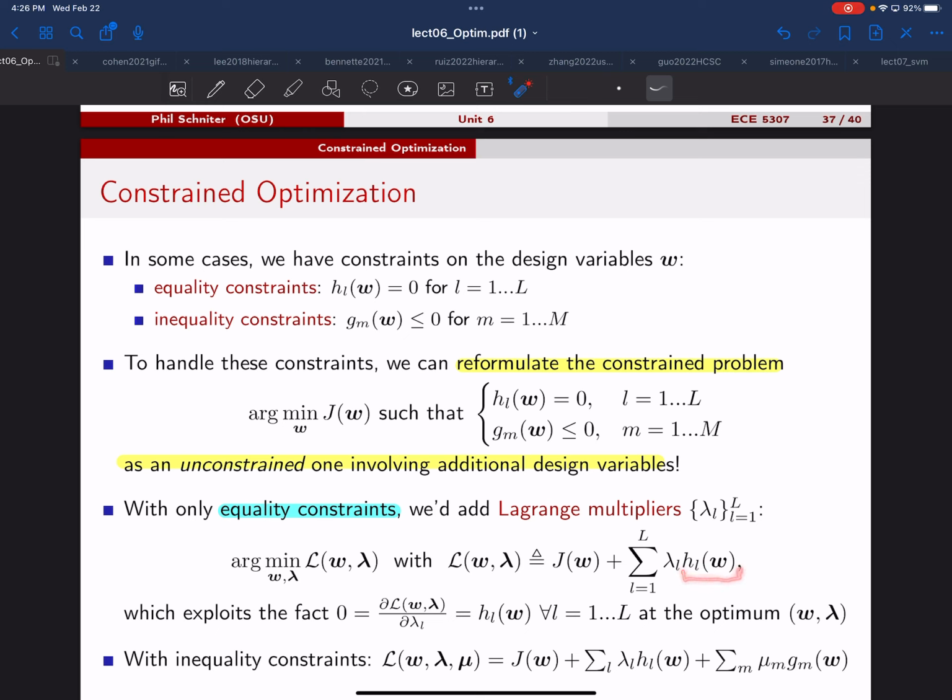So I know that this has to equal 0, which means that HL must equal 0, and that's exactly the constraint we're trying to enforce. That explains why this works. You set up this cost so that by finding these minimizers, the optimal lambda, you automatically enforce the constraints that you need to enforce. Hopefully that explains why you add exactly that term and why this works.